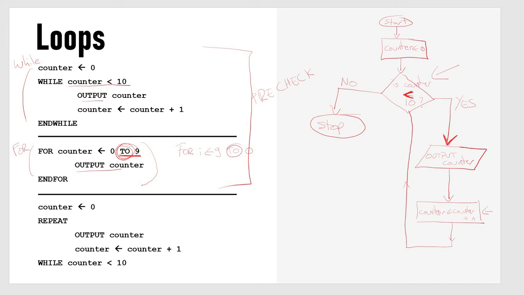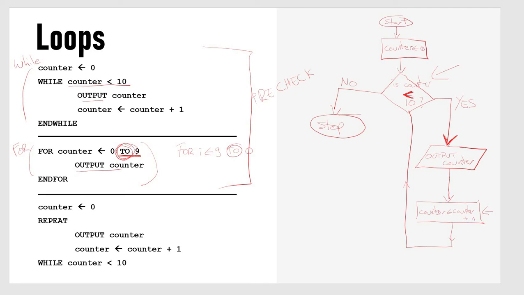What that means is that the condition is checked before any action is taken. So I wouldn't say a risk of this, but one of the reasons why this type of loop might get used is that you want the code inside of the loop to only be executed if the condition is true or false.